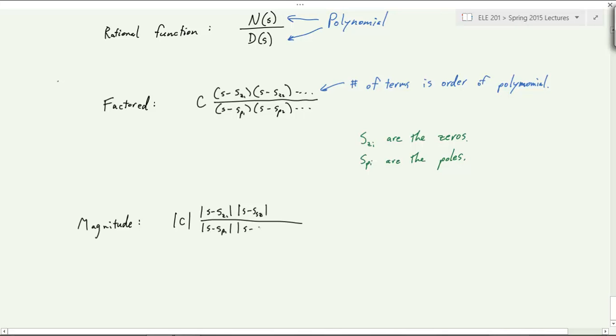And we realize that now the magnitude of this function, if this is the Laplace transform, the magnitude of the Laplace transform is really just a product of distances, right? This is the amplitude of a complex number. In other words, if we know where the poles and zeros are, let's draw an example here. So here's the, let's do this lower.